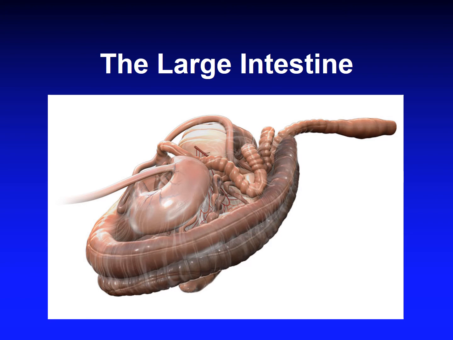The structure in the center of the picture is the stomach. And to the right of the stomach, the sacculated structure is the small colon. This ends with the rectum to the far right of the picture.